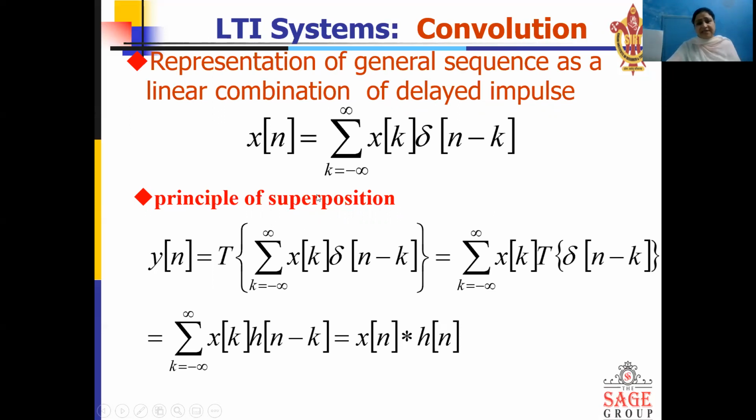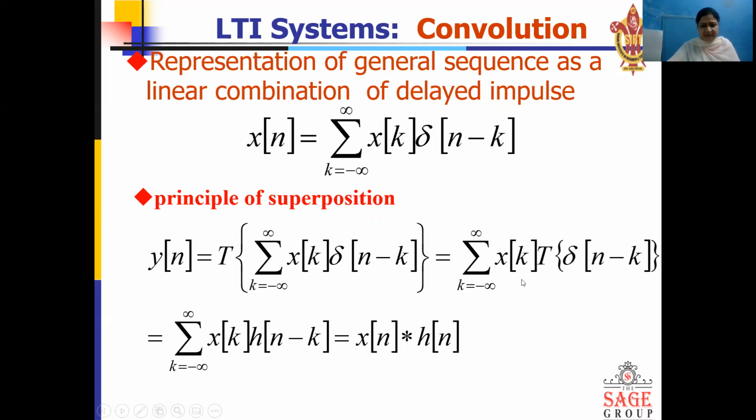Now, since the system is an LTI system, which is linear as well as time invariant, the output will be the operation performed on the input, which according to this expression is written in this bracket. Since the system is linear, this operator will operate on x k and on delta n minus k.